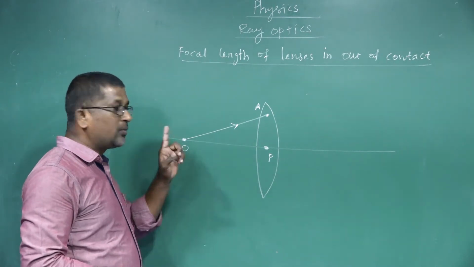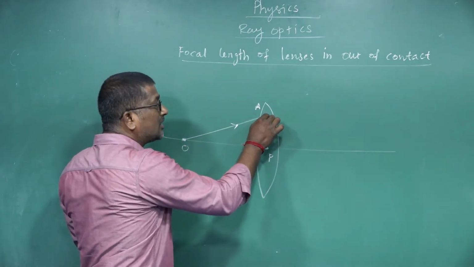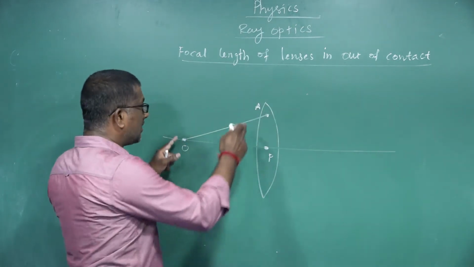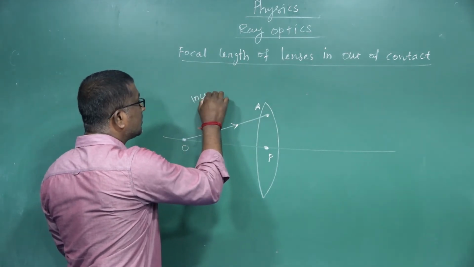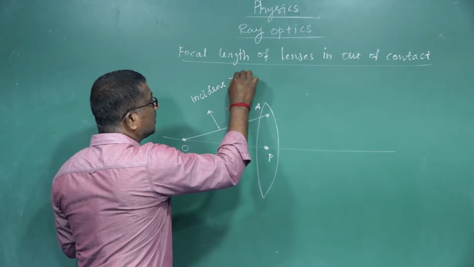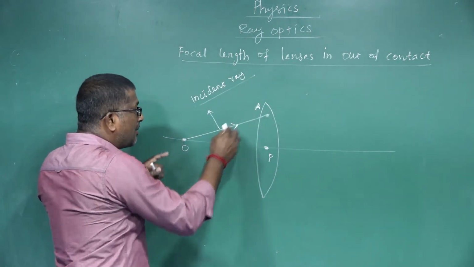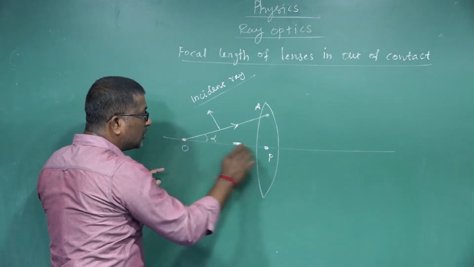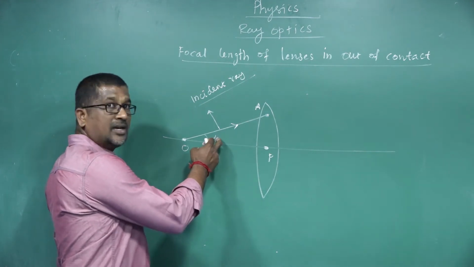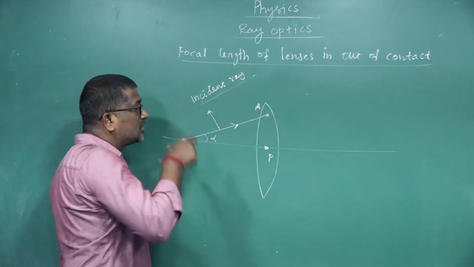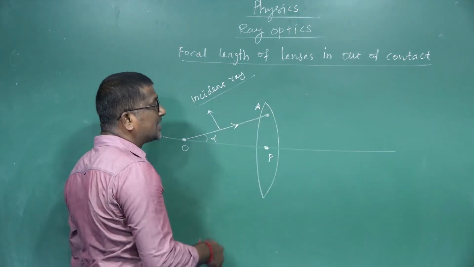From the point object we consider one ray of light, that is OA, which is incident on the lens at point A. Here the line OA is called the incident ray. This incident ray makes an angle of alpha with the principal axis, and it is incident on the convex lens at point A.